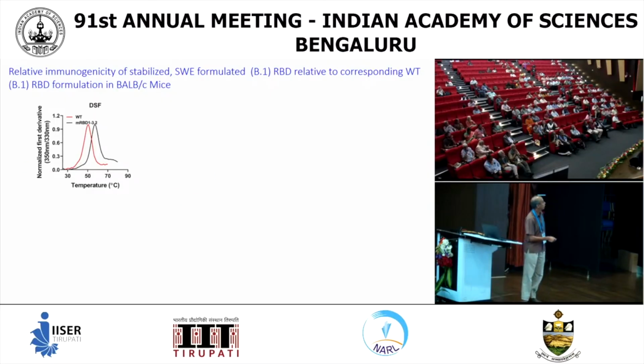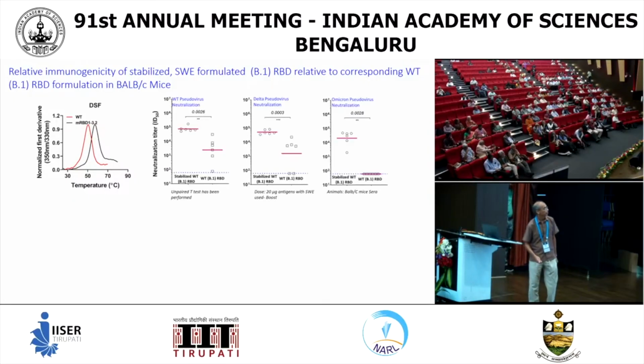So now these are again thermal transitions of the wild type in red and the mutated one, and you get about an 8 or 9 degree shift in the thermal stability. But what's very interesting is, it's a little bit technical, this is on a log scale.